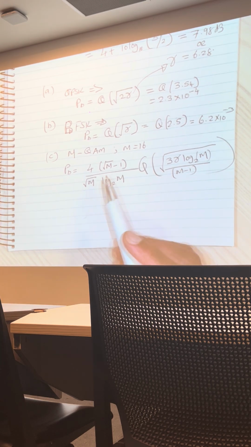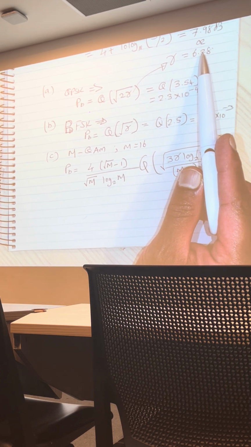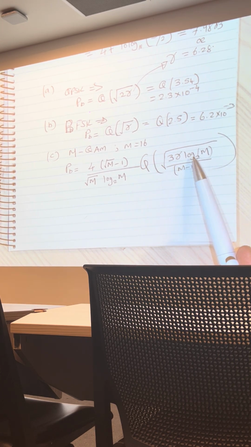Right. So here in this equation, M is 16 and gamma is 6.228, and these are the only two parameters that you need to compute this expression, and you should be able to do that.